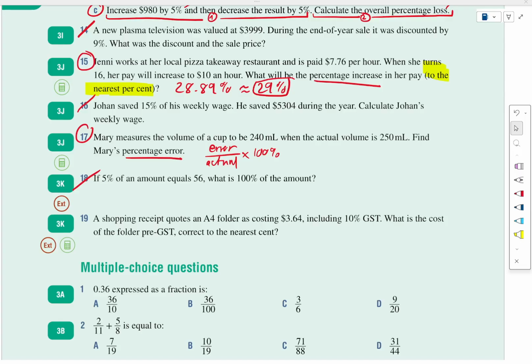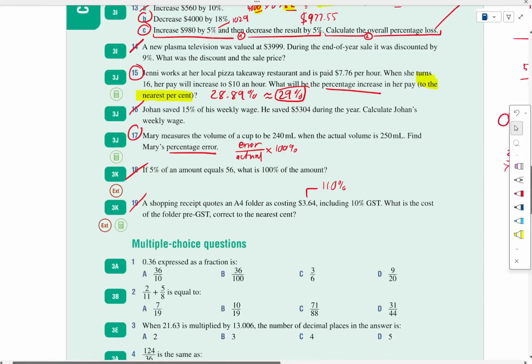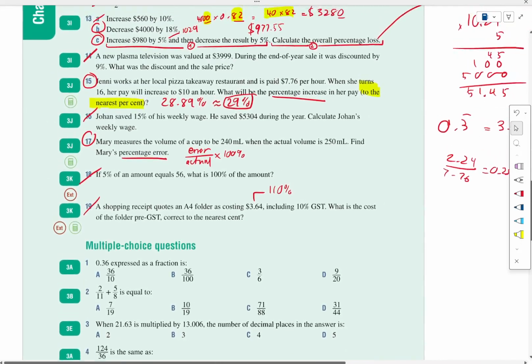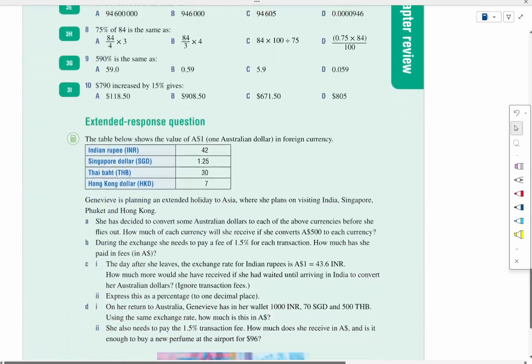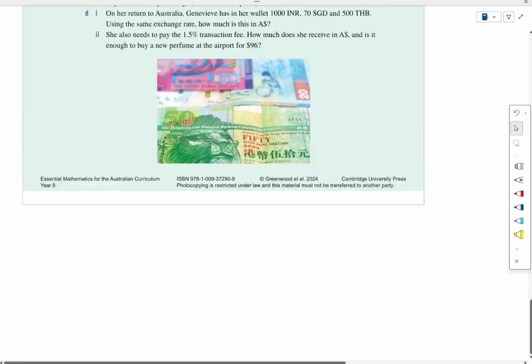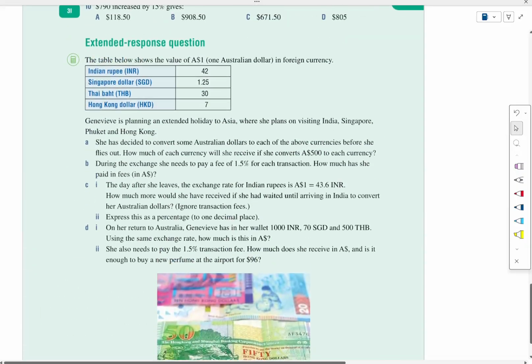All right, what's your answer? $3.31. Okay, good. You divided by 1.1, right? Yeah, that's right. Because this one is 110%. Very nice. That is literally the end of chapter 3 actually. And then this is just extended response.